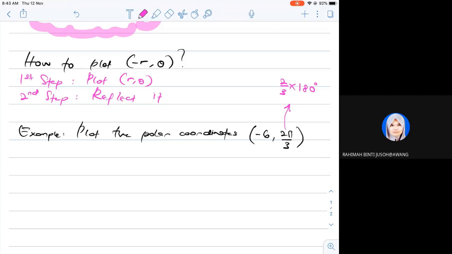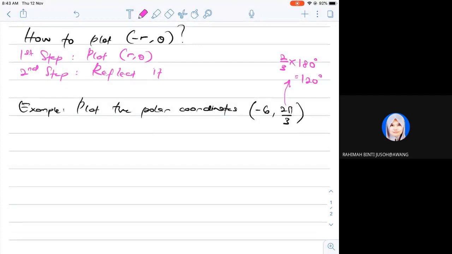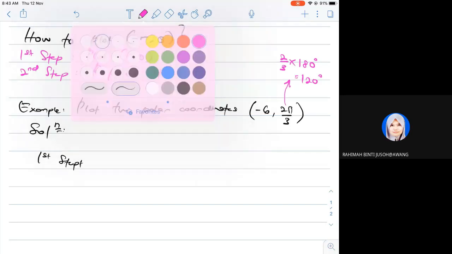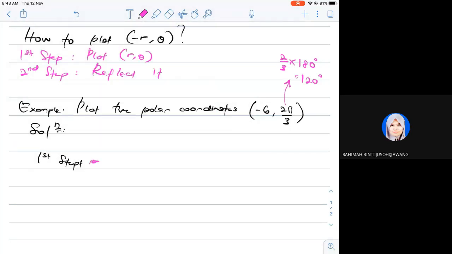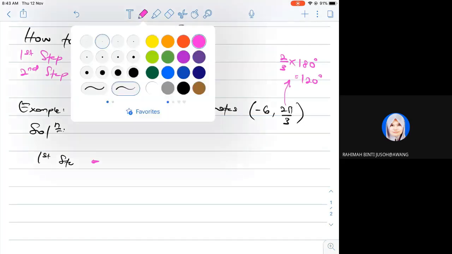So we need to multiply by 180. So this is equivalent to 120 degrees. So now, first step. Solution.